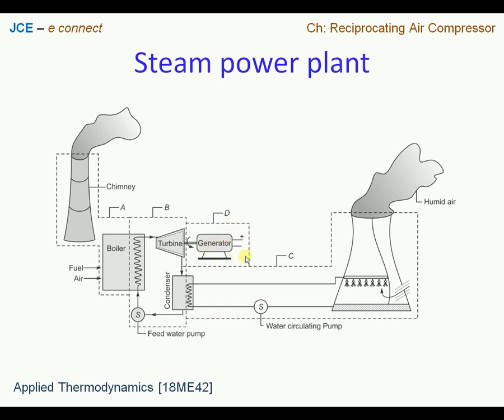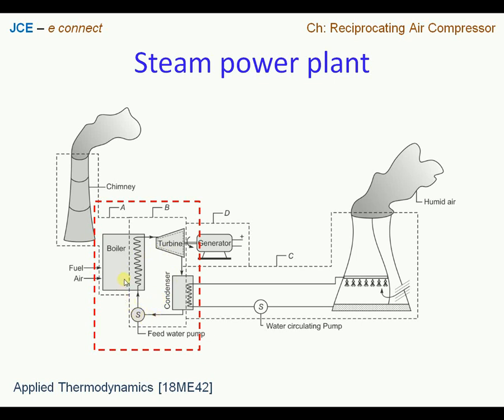Let us now move forward, and we are going to focus on the following components, which belong to subsystem B. Our focus will be on the boiler, turbine, condenser and feed pump.